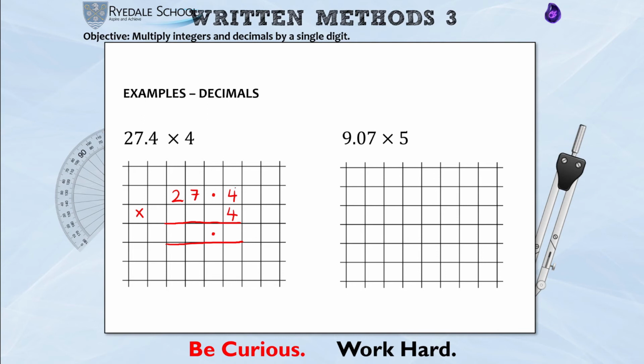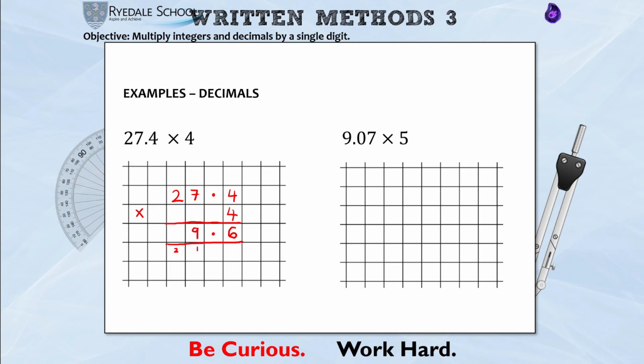So we've got 4 times 4 is 16. So it's 6, and don't forget to carry the 1 into that next column. We now have 7 times 4. 7 times 4 is 28. Add the extra 1, 29.